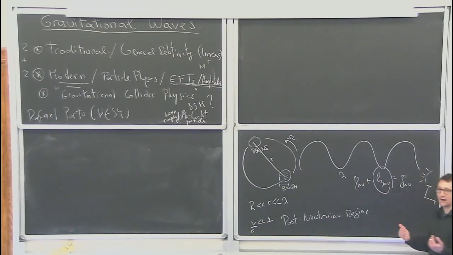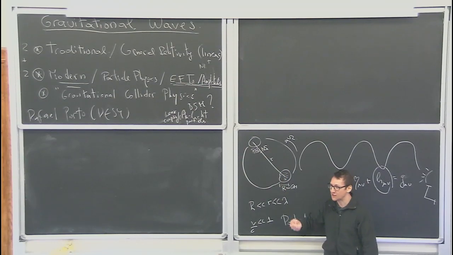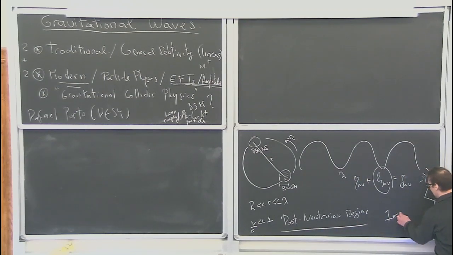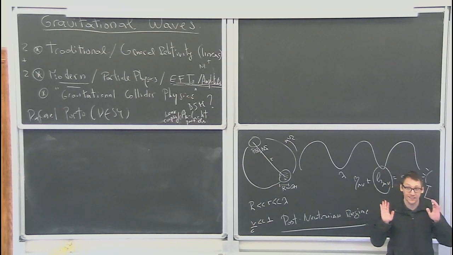But the detection of the binary neutron star was the detection of the inspiral. The inspiral is by definition in this regime. This is what's called the inspiral, as opposed to coalescence. So they only saw this. They did not get to see the very end, nor even the merger.